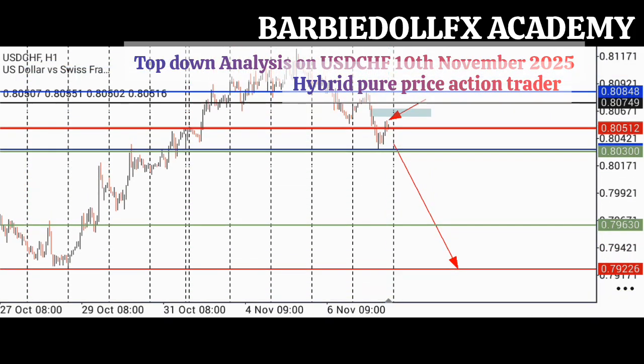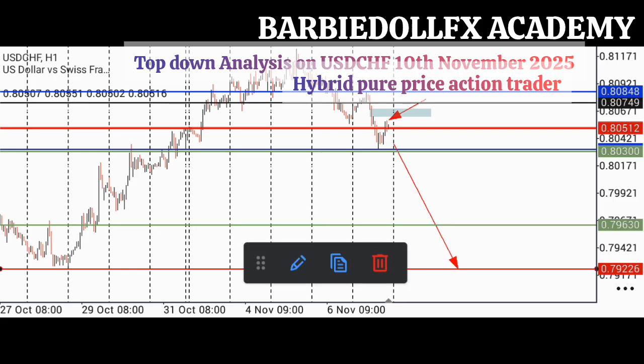And as for the bullish buyers, the only thing I would say is, if price rejects this 80,30, maybe if price closes above, or maybe I see price moving towards the upside, I might now rethink and do another analysis on this.